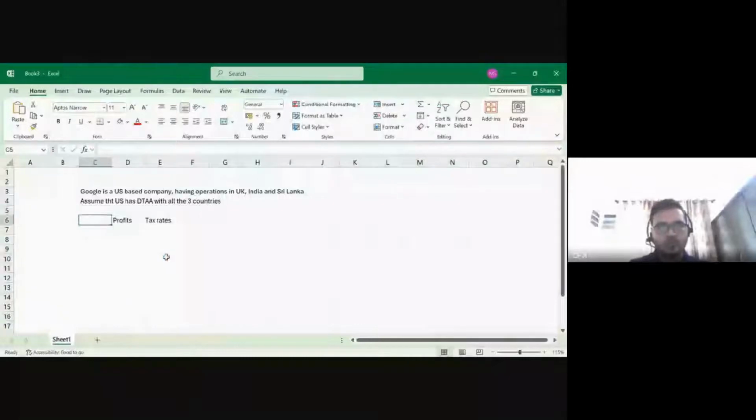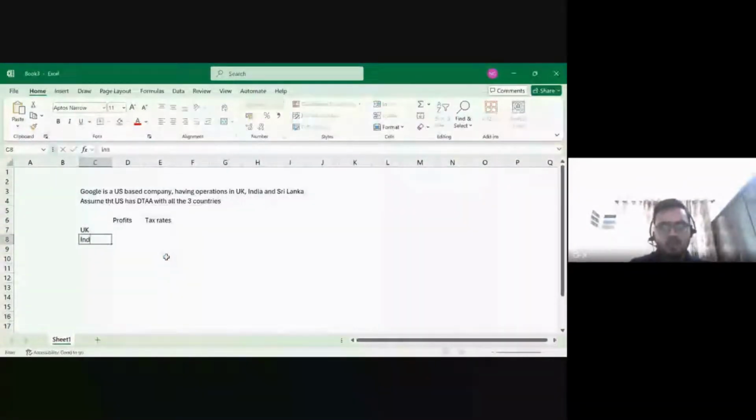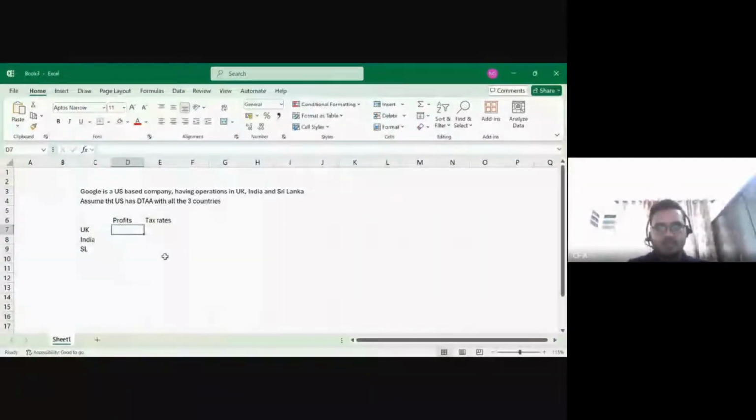Assume that US has a double taxation avoidance agreement with all the three countries. That is an assumption that I want to give you. And let's just say in UK, in India, and in Sri Lanka, it earned 50 million, 120 million, and 75 million.